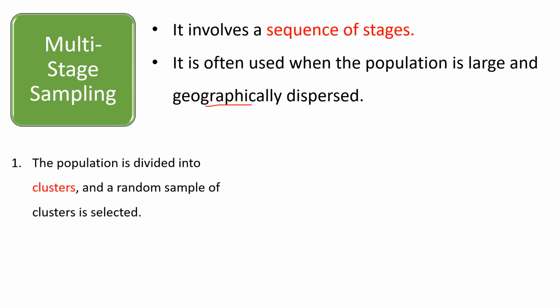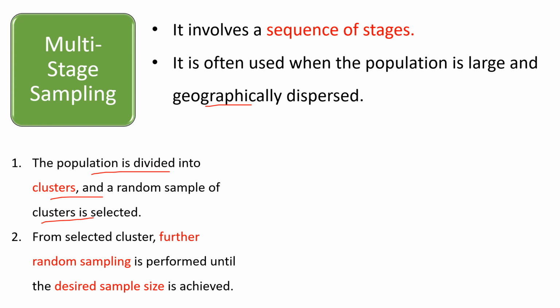There are simple procedures to follow for multistage sampling. The first one is that the population is divided into clusters, or we form groups, and a random selection is conducted among those clusters. And the second is that from the selected clusters, further random sampling is performed until the desired sample size is achieved.